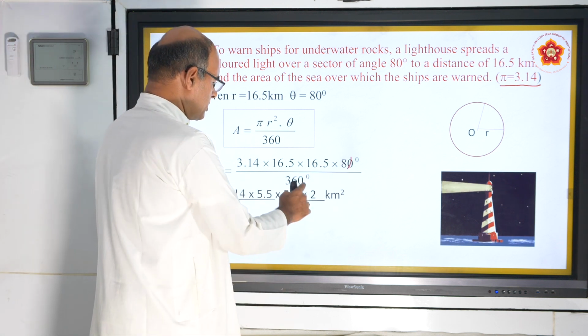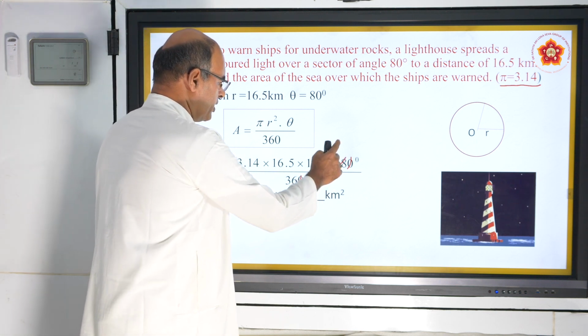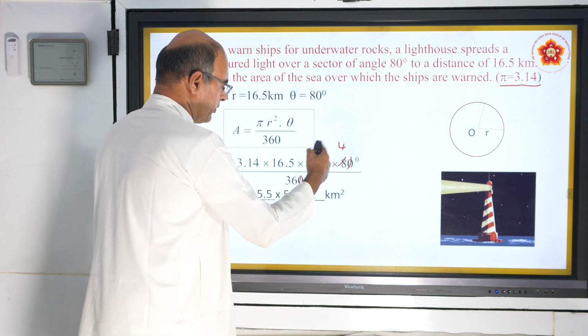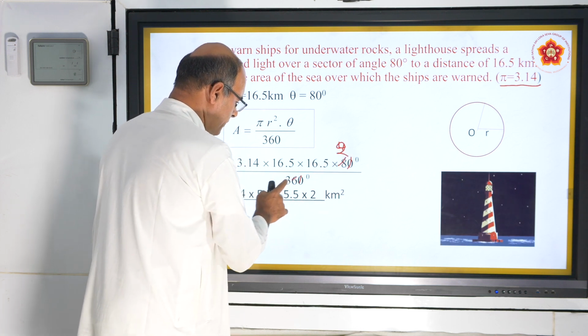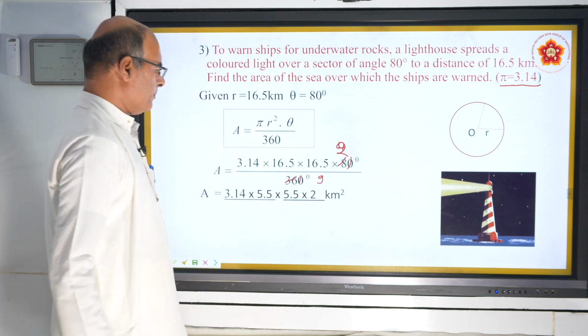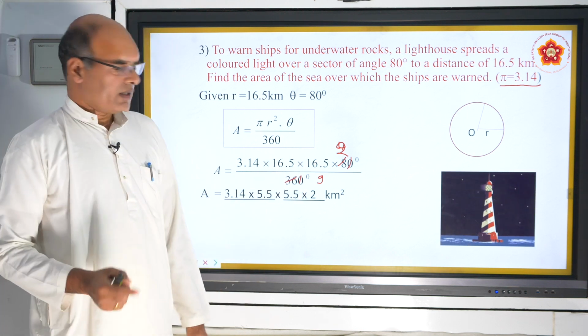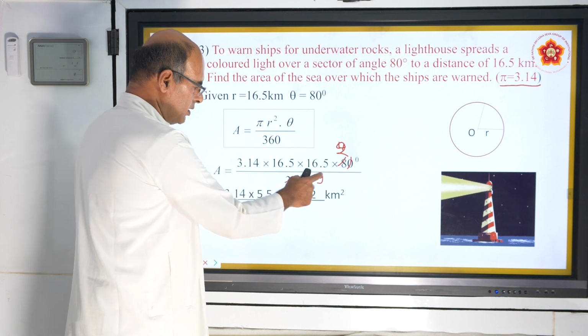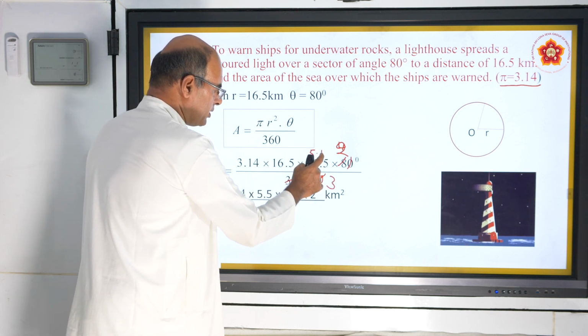First we can cancel zeros. From 2 it is 2 4s, or we can write it directly, cancel from 4. This is 4 2s, 4 9s. See, 1 plus 6 plus 5 is divisible by 3. Therefore cancel these with 3. So 3 3s, 3 5s.